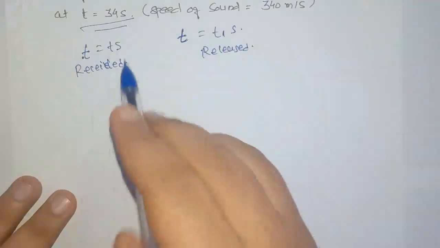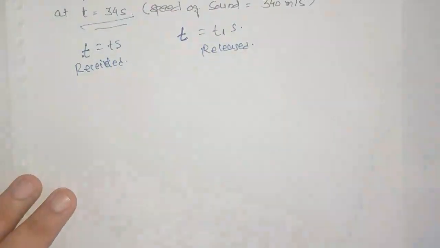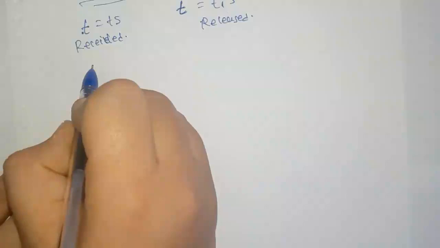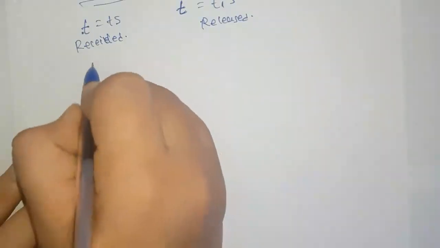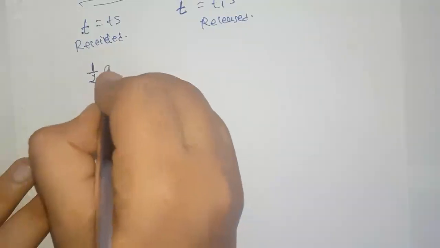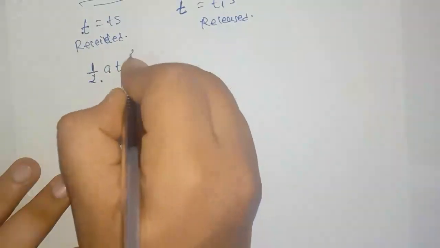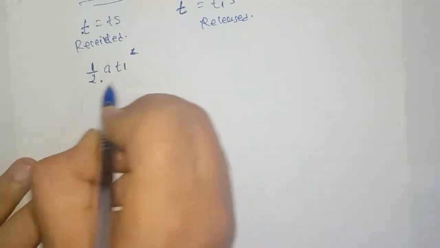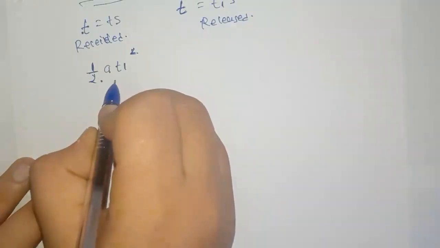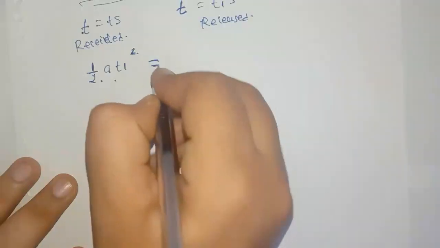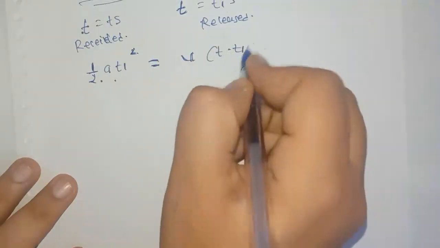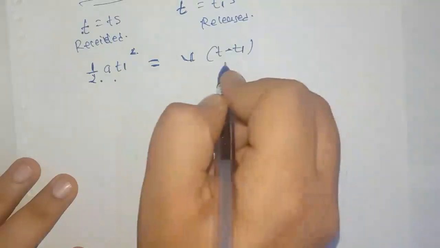So obviously t will be greater than t1. So we can use the second equation of motion, that is s equals ut plus half a t1 square. This is the distance traveled by the source in t1 time, equal to v into t minus t1. This is the distance traveled by the sound.